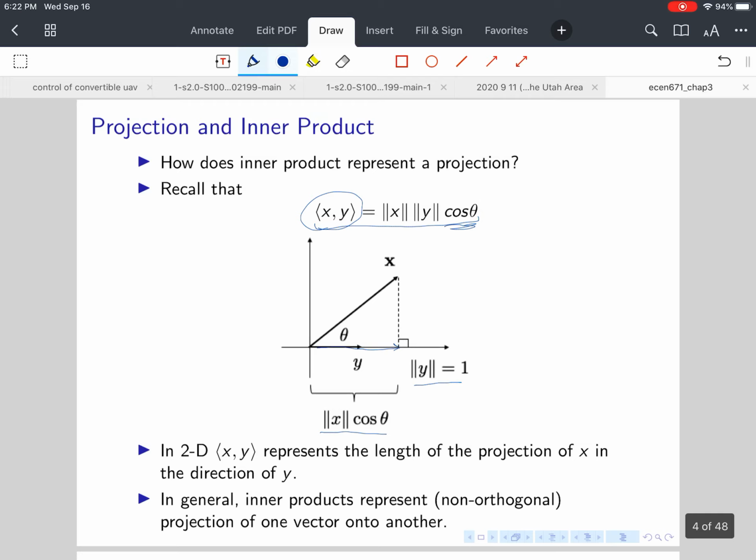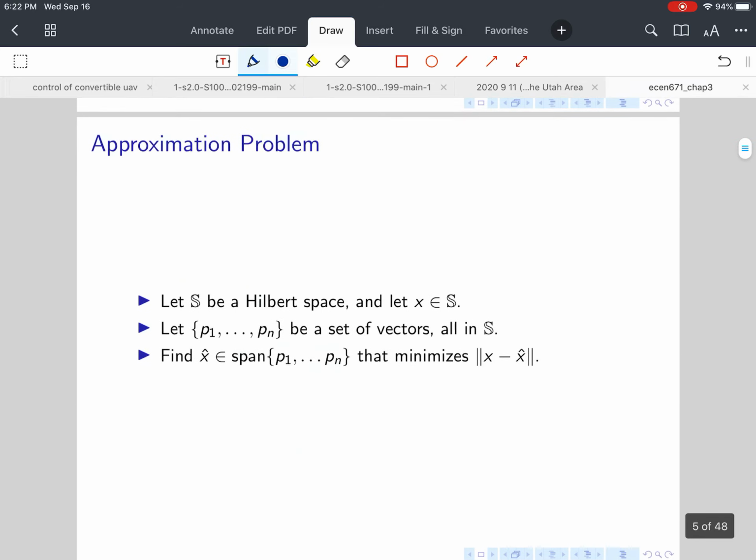It represents how correlated x and y are, how much of x is inside of y, how much of x is represented by y. So these are meanings of the inner product, but it all relates to this projection. And if the vector that we're projecting onto is unit length, then it's an orthogonal projection.